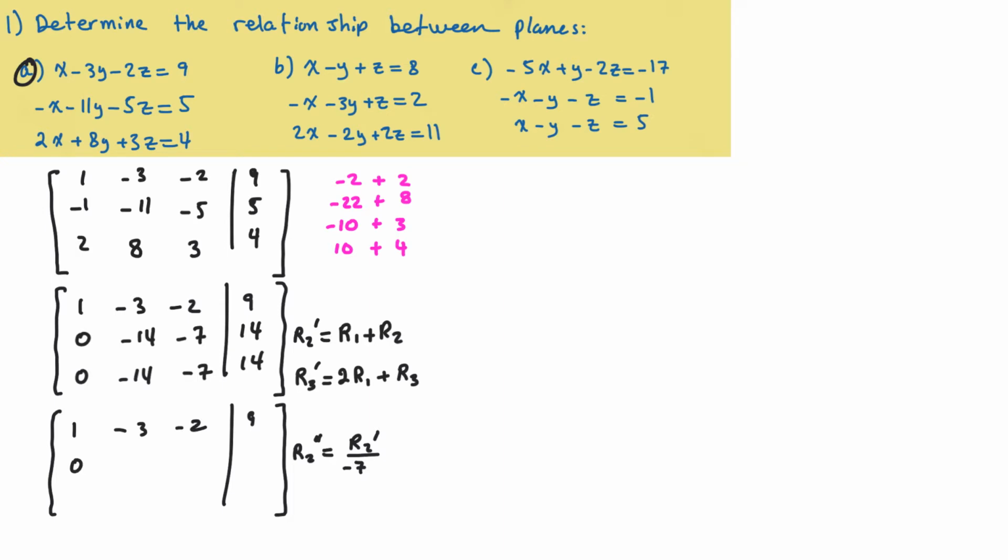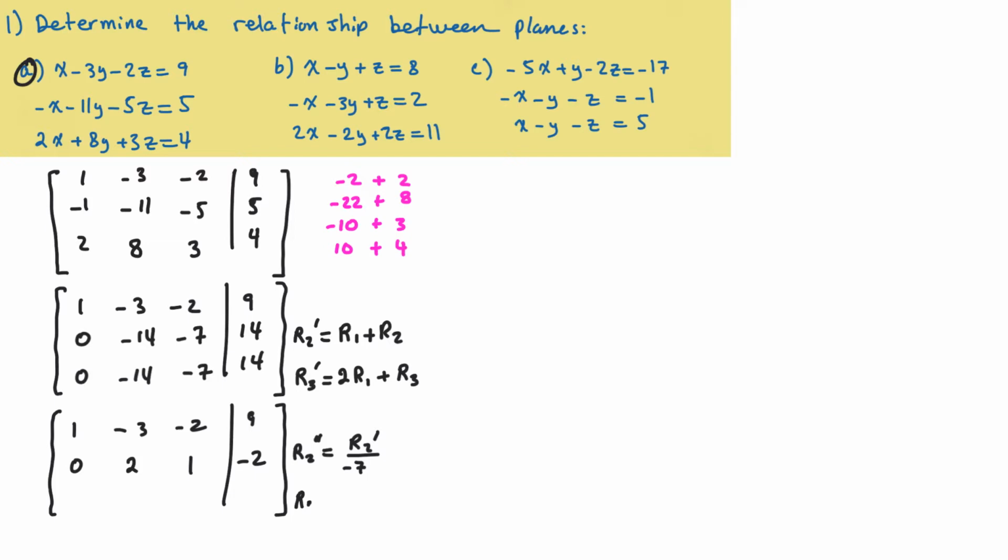I will get 0, 2, 1, and -2. You can see I did that just to simplify the numbers a little bit, because it's harder to deal with larger numbers, especially when you start multiplying and dividing them by different values.